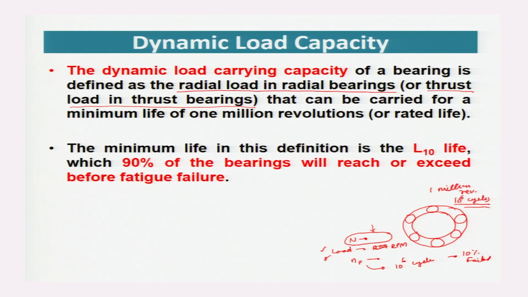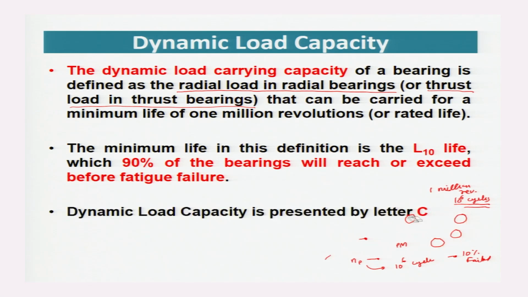The minimum life in this definition is the L10 life, which 90% of the bearings will reach or exceed before fatigue failure. Dynamic capacity is represented by a letter C or C10, also C or C10.